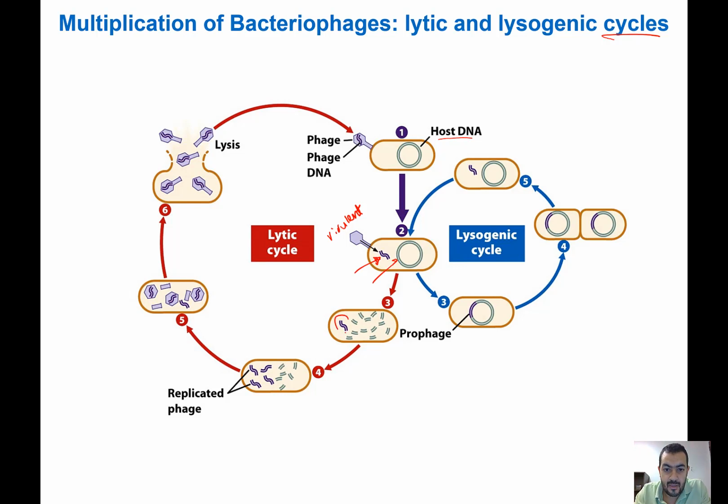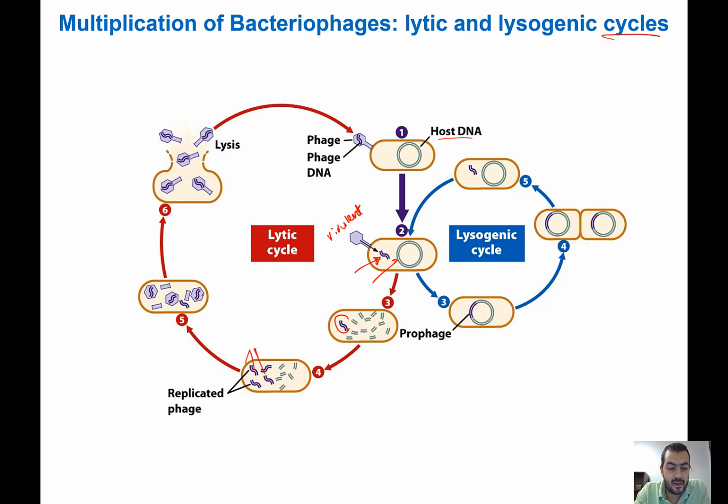Then the virus genetic material will get replicated, so we get many copies of it, shown here in purple. Then the assembly of the virus particles will happen. This genetic material will be packaged in a capsid, and we may have different particles like that.